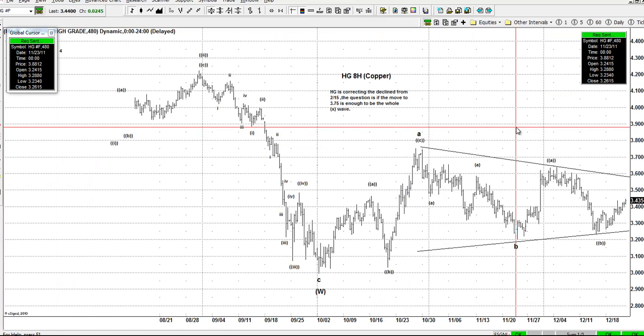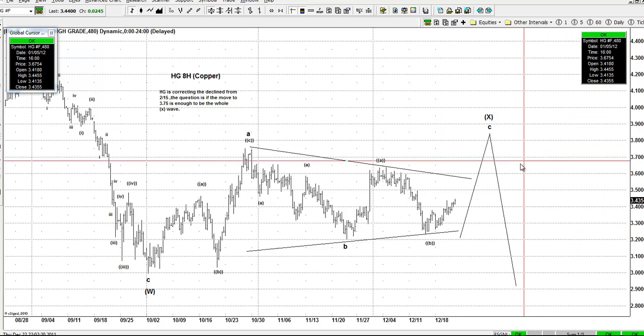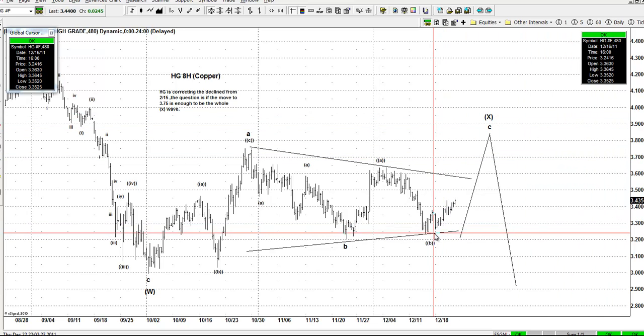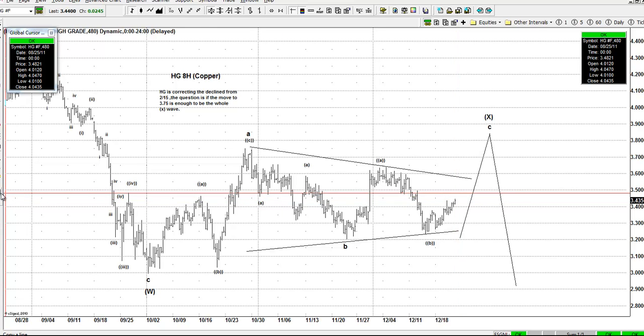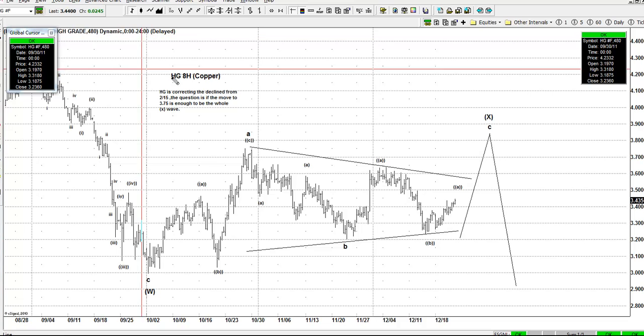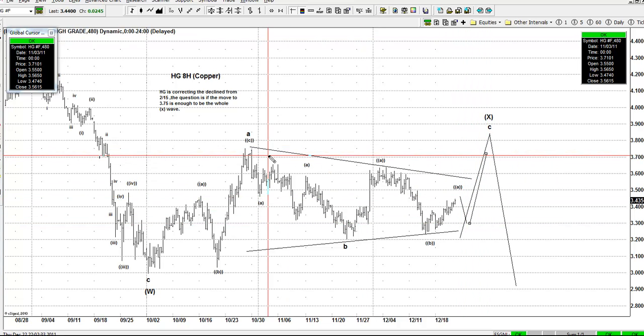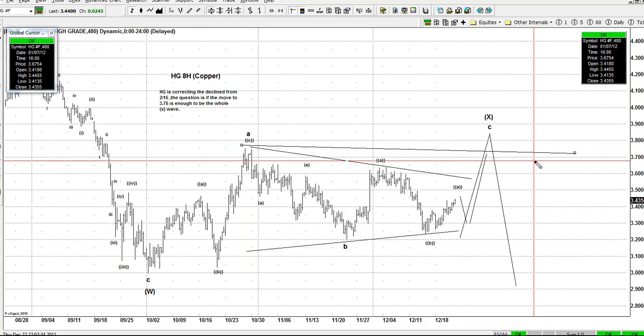Now, let's take a look at copper in the 4 hours. Remember, copper needs to get to around 4. So technically, right now, we are most likely ending a wave A. It's going to be a 3 backs and a rally to about this level, and that's very important.